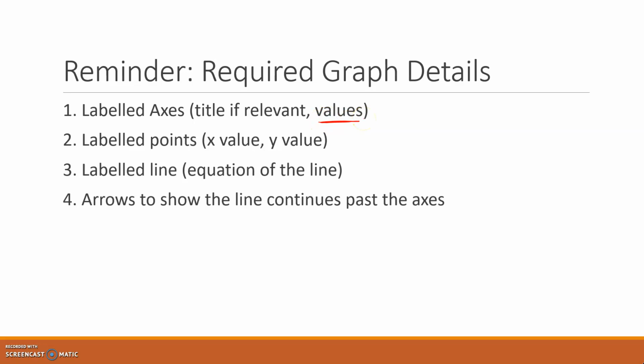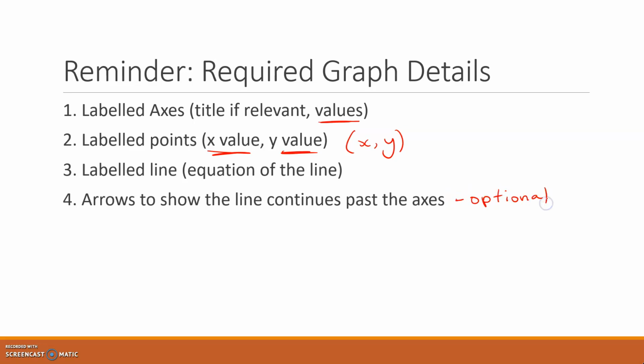Now, the second thing we need to do is we need to label our points with an x value and a y value in brackets, so (x, y), like we've been doing in our previous two examples. The third thing is we label the line itself with its equation, just like I did in the previous example and the example before. And then this fourth one is sort of optional. It's not completely necessary.